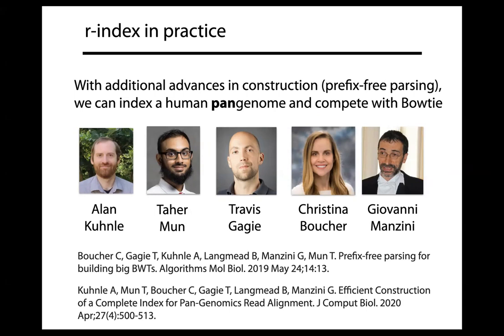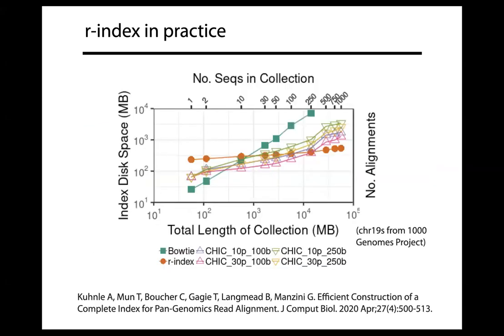So the first set of results involved applying this tool to indexing many copies of chromosome 19. We just took a bunch of chromosome 19s from individuals from the 1,000 Genomes Project, took larger and larger sets of them, and indexed them with different approaches. We made this relatively busy and hard to look at plot, but the point is that the R-index approach is eventually the smallest by a lot of all the approaches that are profiled.